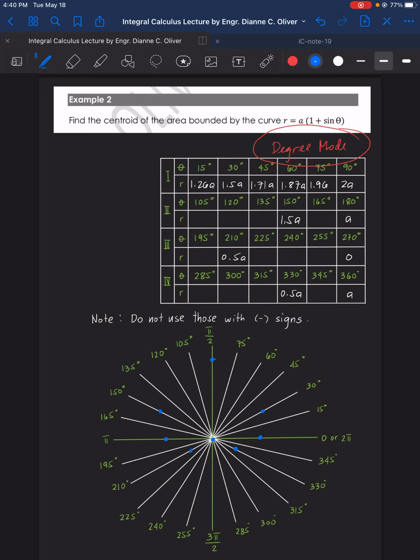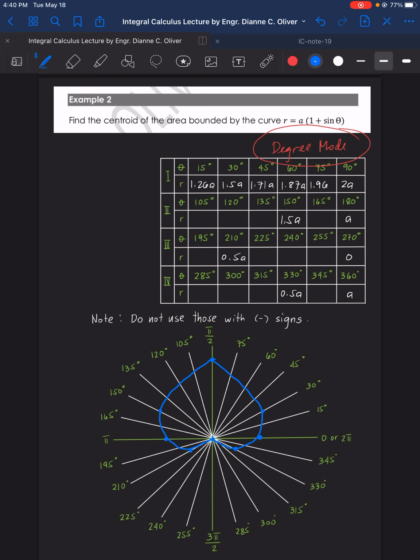So therefore, our curve will be an inverted heart. So that's our curve. Then we're looking for the area bounded by this curve.